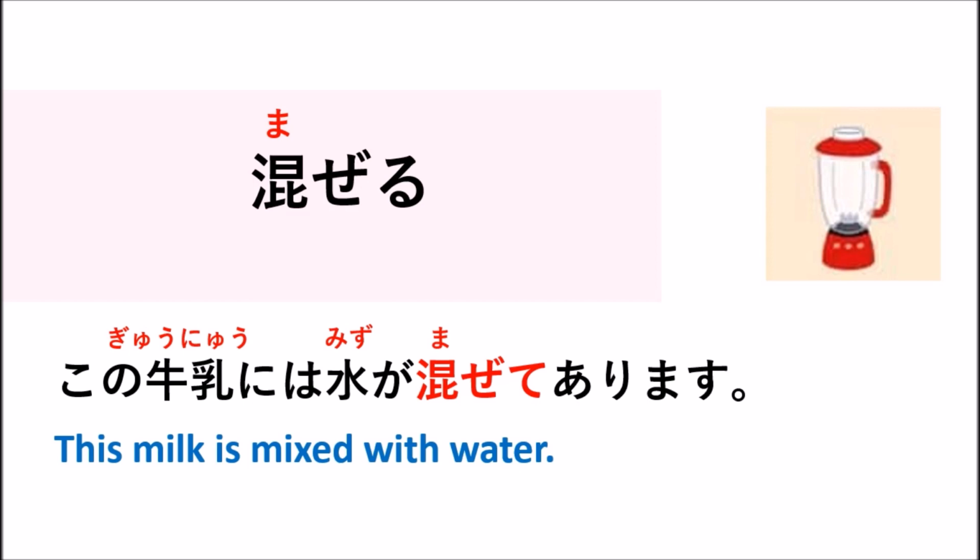Mazete arimasu means somebody else did it, but you don't know the name of the person, so you can use mazete arimasu. So here they say kono gyunyu ni wa mizu ga mazete arimasu, which means this milk is mixed with water.